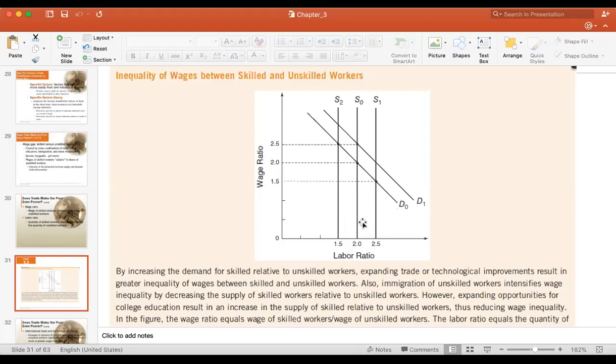Will it fall or will it go up? It would go down. It would fall, correct. So that's why the supply curve will shift inward to the left. Now we have a new wage ratio, 2.5 times, which is obviously a lot more than 2, which would widen the gap.